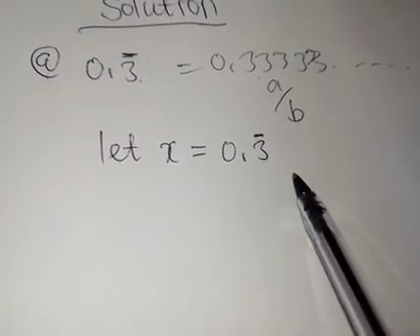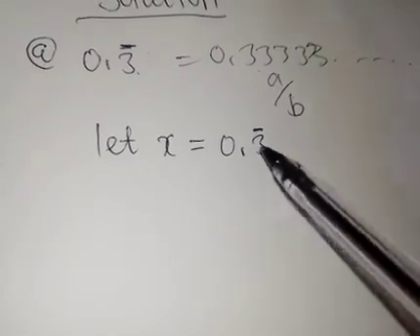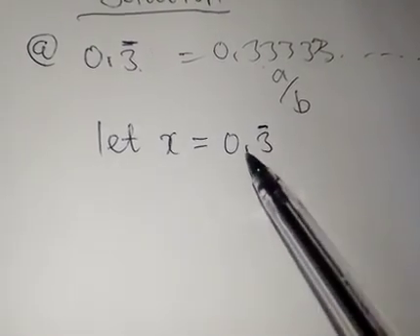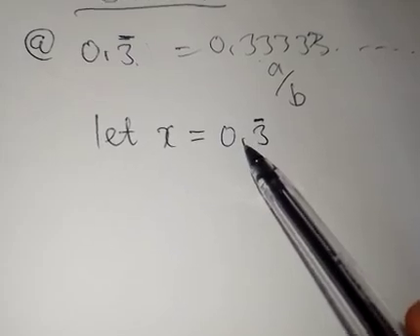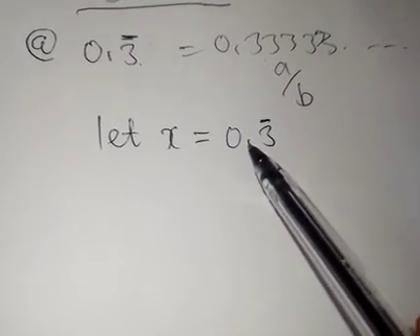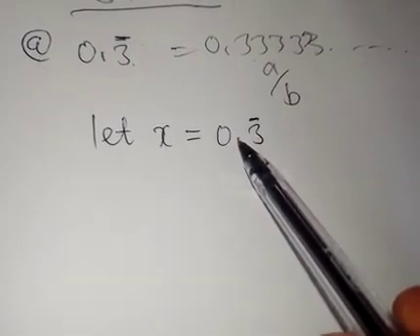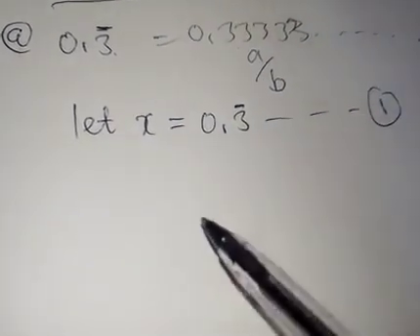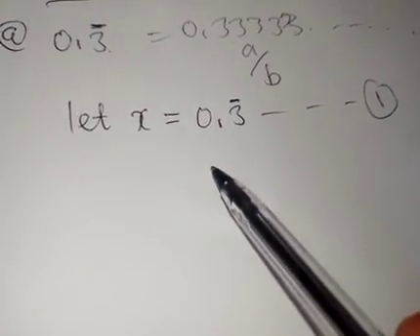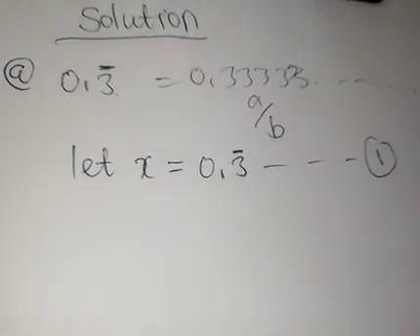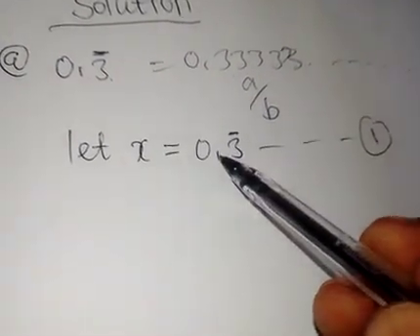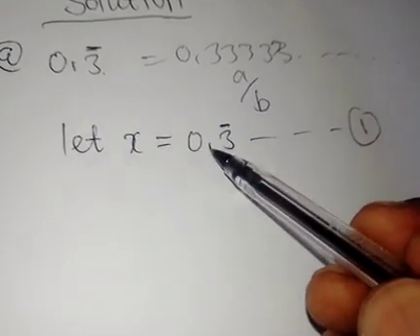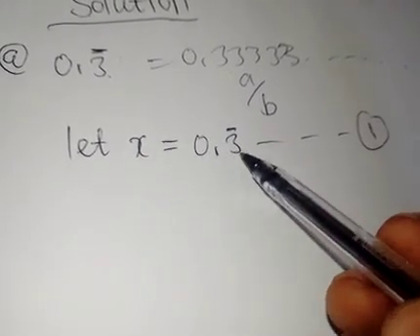That's the first equation. Then from there you check, is the decimal point immediately before the repeating numbers? Yes, it is. Then the next thing you should do is multiply equation 1 by 10, 100, 1000 and so on. Our aim is that the decimal point should come after the first repeating number, which is 3 there.